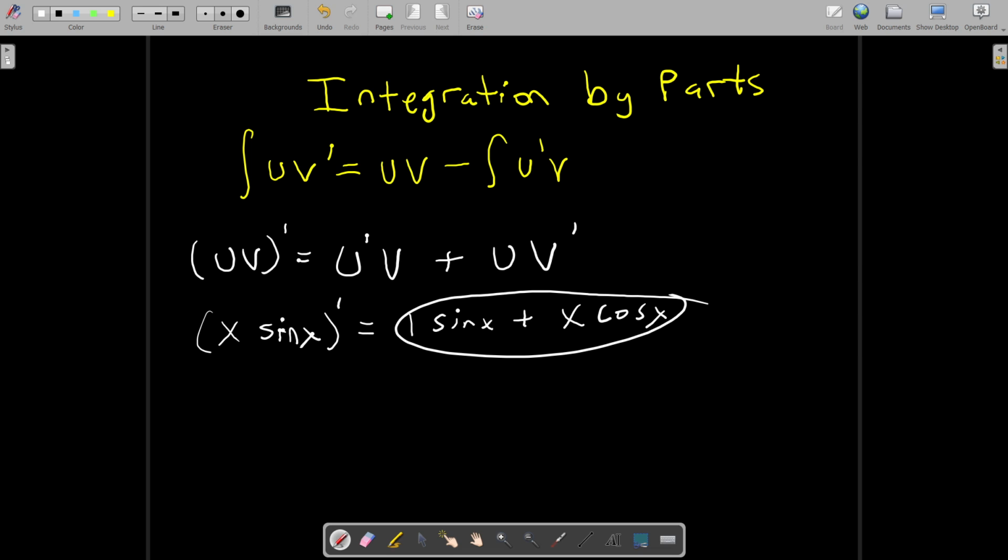Now, integration by parts is just a rearrangement of this. If we go back to our product rule formula and take the integral on both sides, we'll end up with uv equals the integral of u prime v plus the integral of uv prime. Now what we can do is rearrange this a little bit.